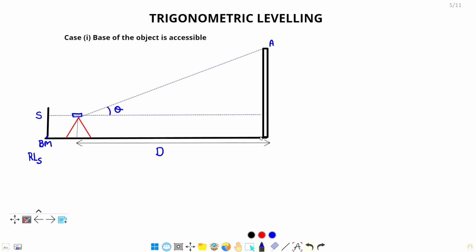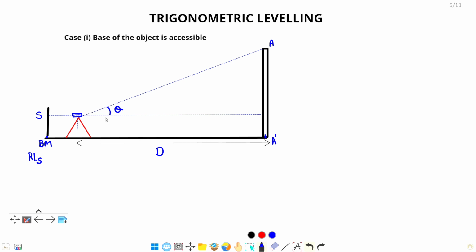So what we did: if the bottom point, that is the base of the object, is accessible, then first we will set up our tripod and theodolite at some distance, and we will calculate the horizontal distance to this point. Let's name the point just below A as A dash, and from the center of the tripod we will calculate this distance as D by using any kind of linear measurement.